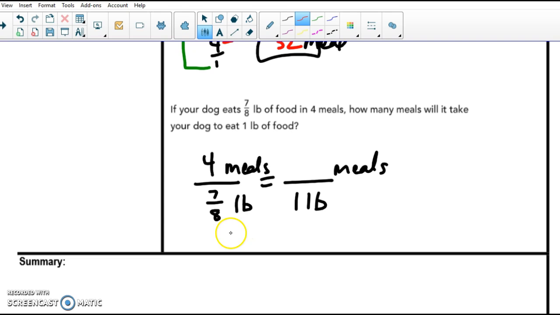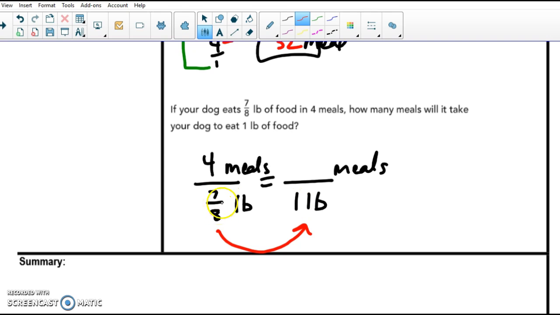So I'm asking myself, how can I turn 7/8 into 1 pound? I know that I can take 7/8 and divide it by 7/8, or I can multiply it by 8/7. And here's why both of those work. If I take the same number and divide it by itself, 2 divided by 2, 4 divided by 4, 20 divided by 20, I always get 1.